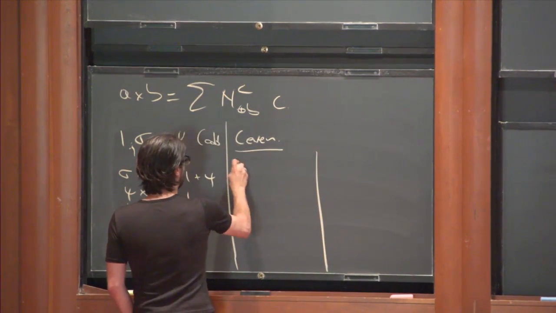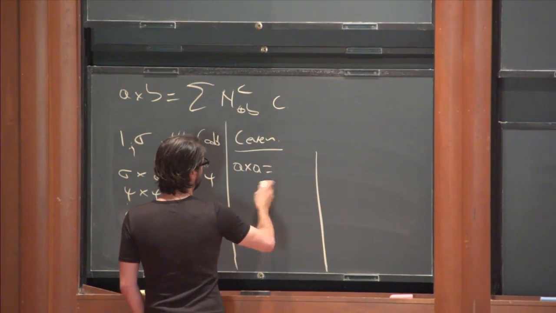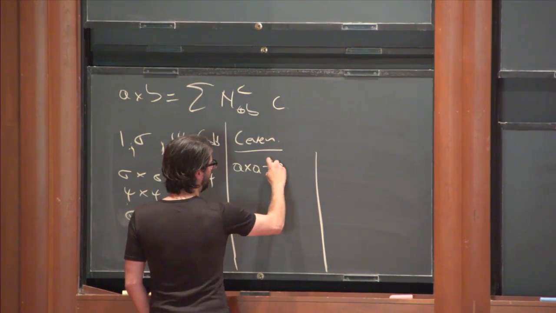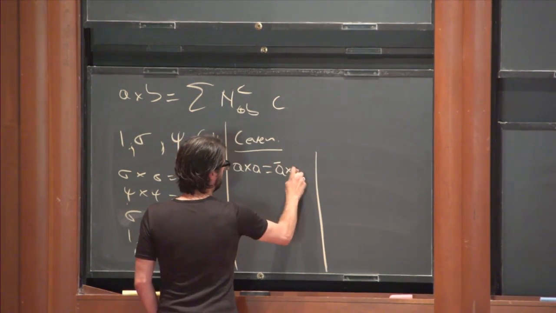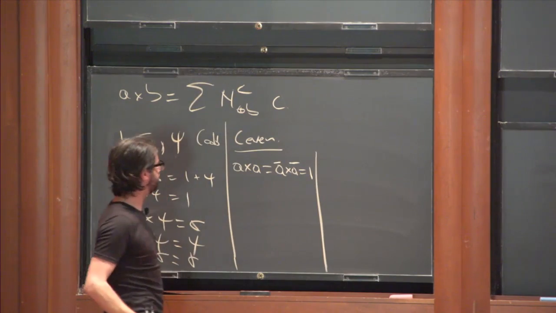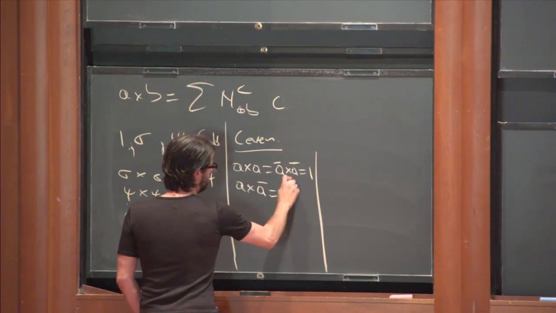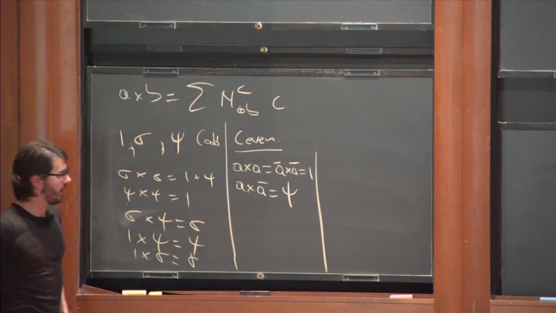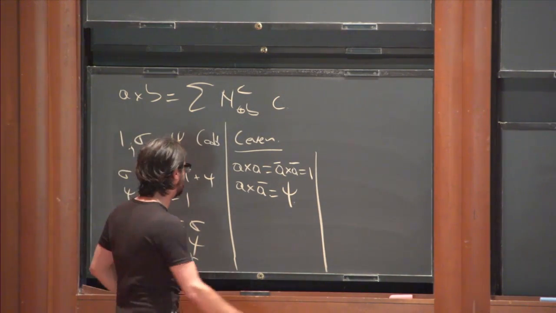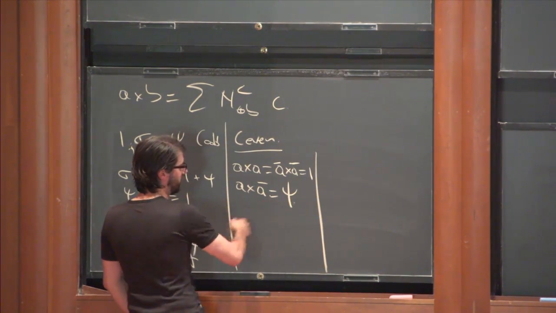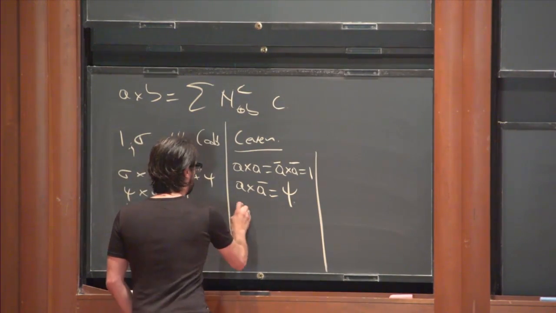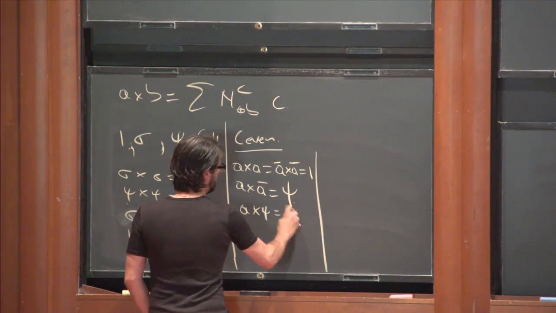So A times A, there will always be 4 particles. Okay? And A times A bar is equal to the fermion. And from here on, you know how to get them. A times fermion is equal to A bar, etc.